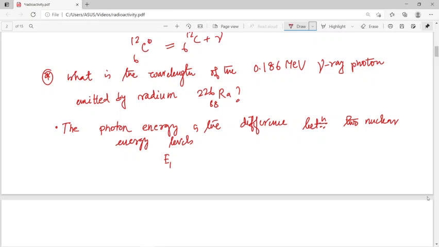And we know the equation: initial energy minus final energy equals h mu. Here we are using mu to denote the neutrino, so we just write hf, that is the relation, and f is the frequency.